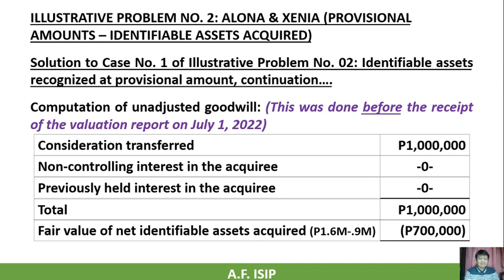So 1 million minus 700,000, your goodwill is 300,000 pesos. Again, I want to emphasize that this 300,000 pesos is the unadjusted goodwill. It is not yet adjusted. It will be adjusted upon the receipt of the valuation report on July 1, 2022.